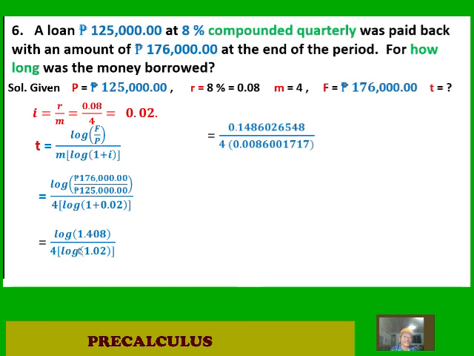Then take the log of this number also. Log of 1.408 and log of 1.02 correspondingly. Times 4. Then divide. So T is equal to 4.32 years.